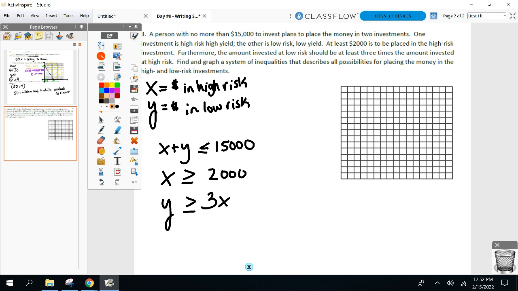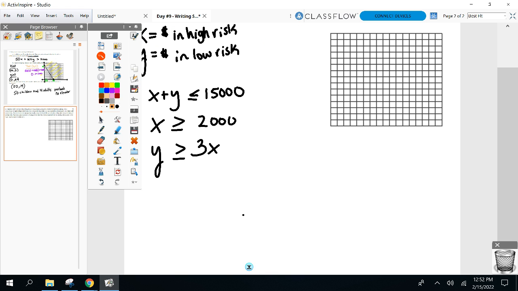Here we go now. Now we have to graph and shade and figure out where all the regions will overlap. Okay, can we start with X plus Y less than or equal to 15,000? Find your intercepts like we've been doing.